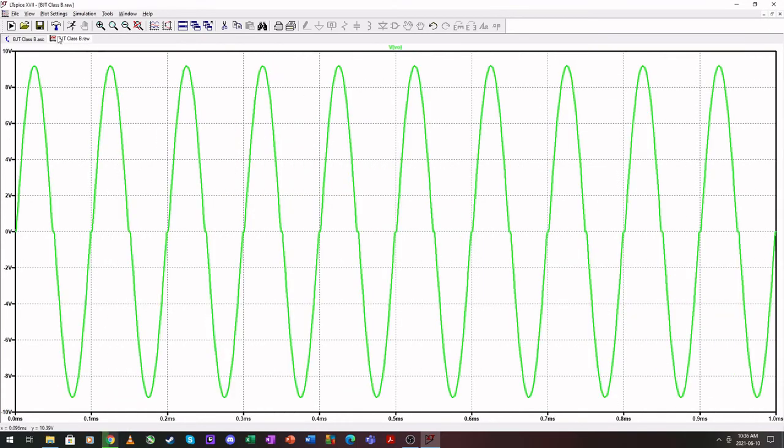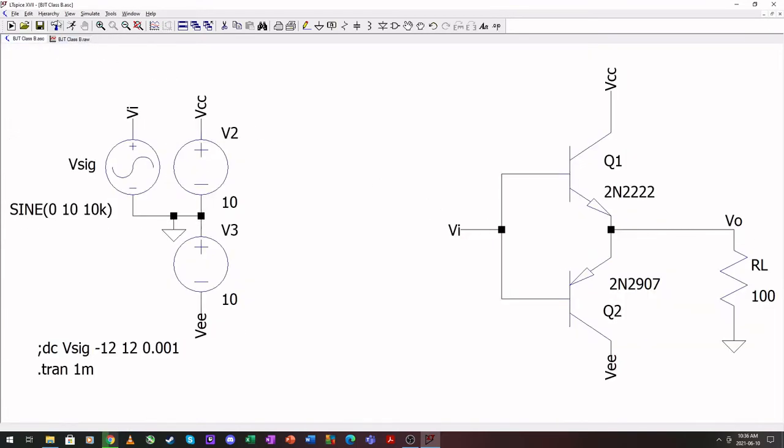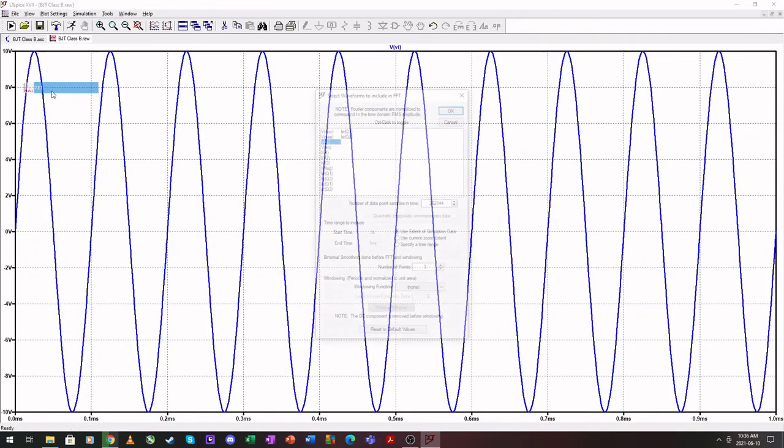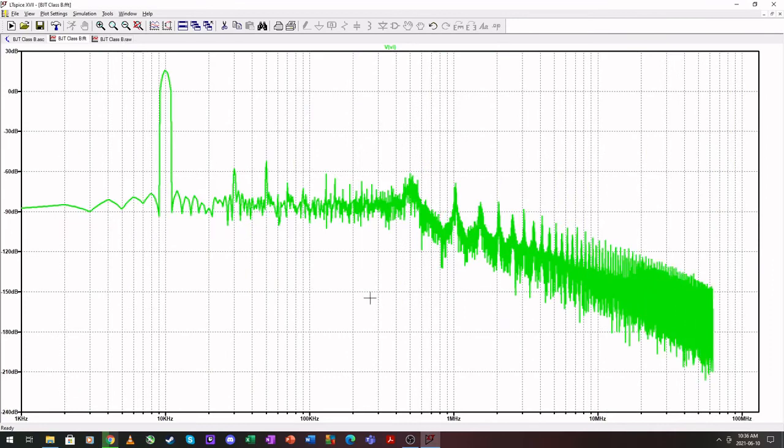Let's have a look at the FFT of a normal signal, and here you can see that there are no harmonics at all. Okay, so if you do a Class B amplifier, you also need to go and check out the percentage total harmonic distortion. There is a video on that with oscillators, how to calculate the total harmonic distortion.